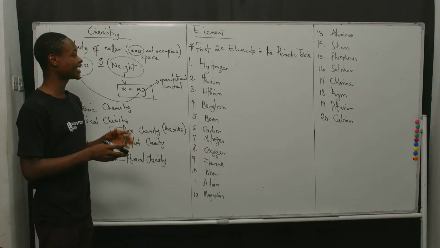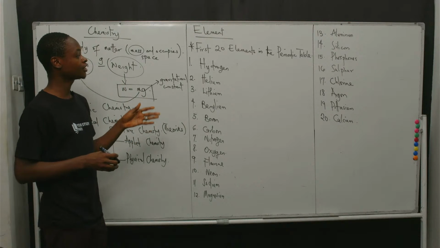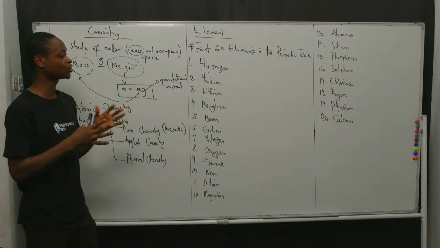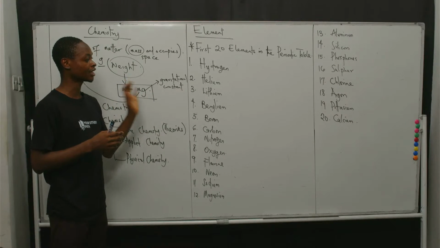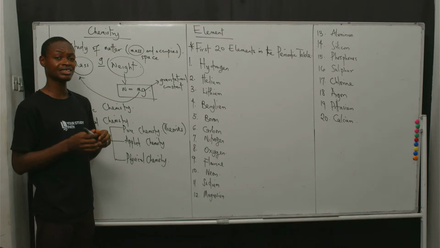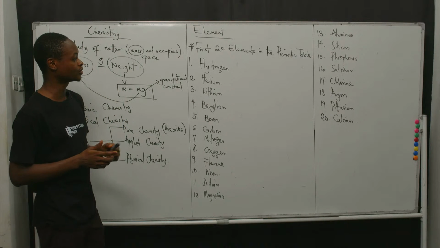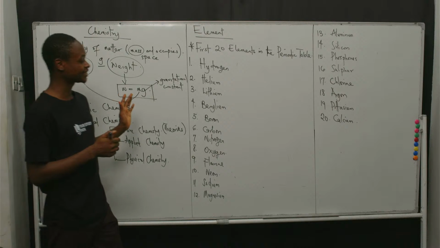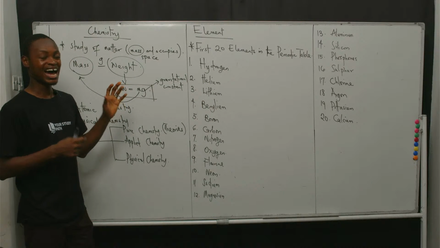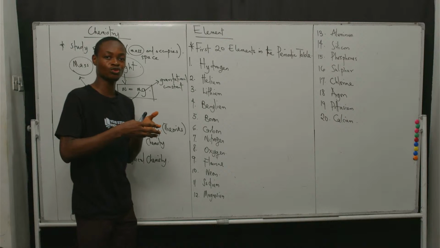It is expected that at least you should have these first 20 elements close to you and understand some basic characteristics of these elements. Now, what are those basic characteristics that we are talking about? The very first thing is the arrangement of those elements and the constituents of those elements.